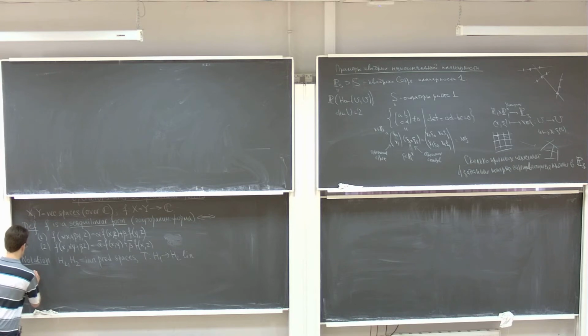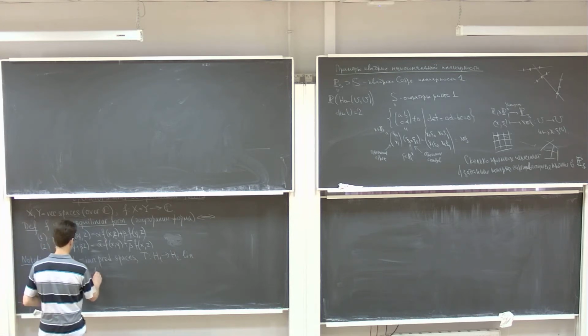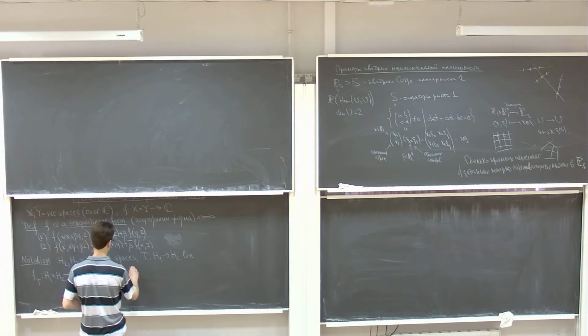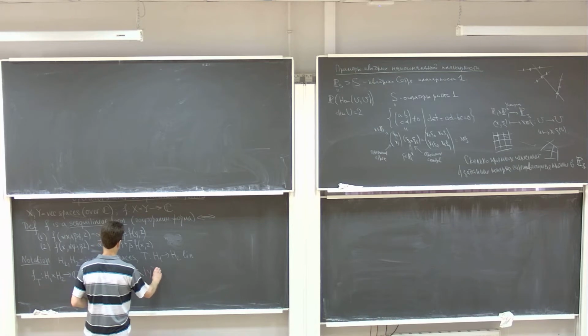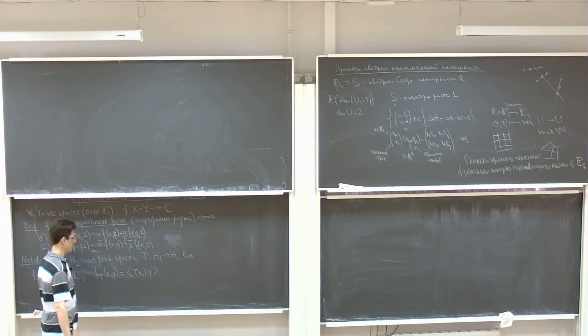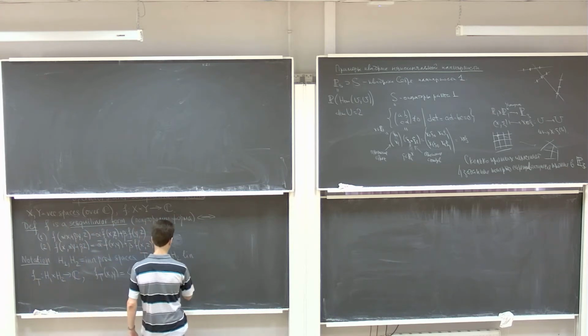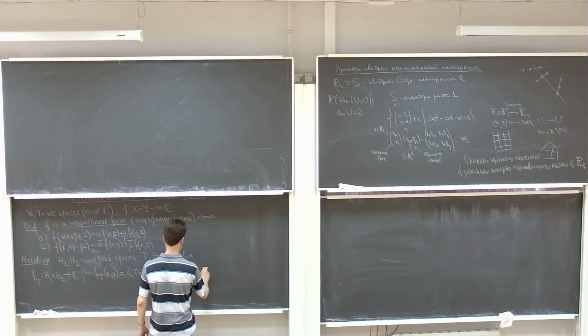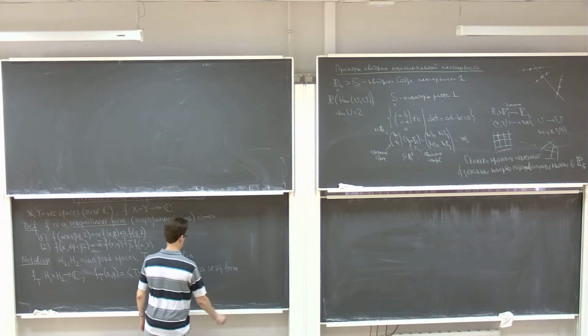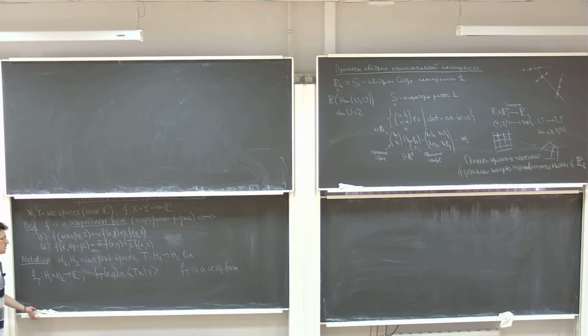And we define a sesquilinear form, F_T, on the product of H1 and H2 by the following formula. It is the inner product of Tx and y. So clearly F_T is a sesquilinear form, and it is called the sesquilinear form associated to T.